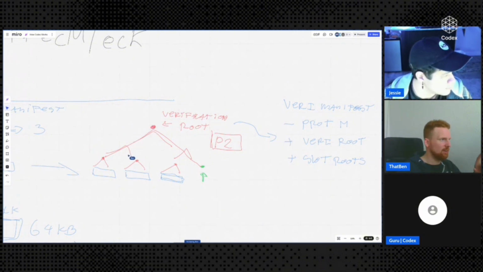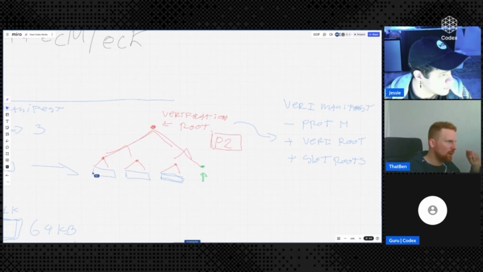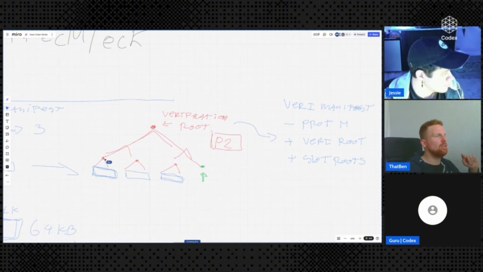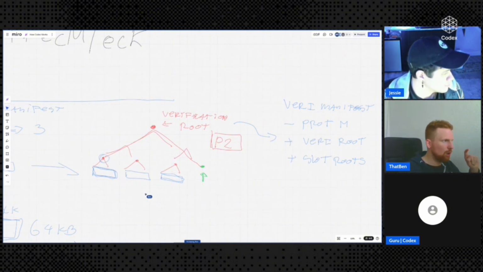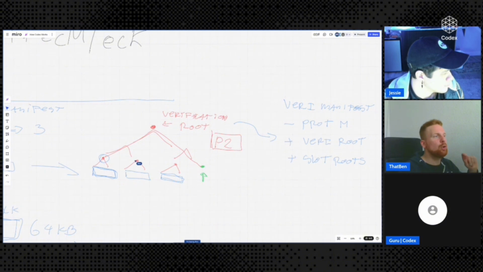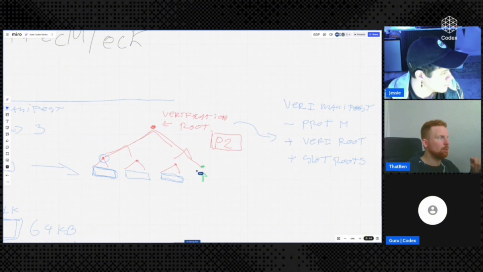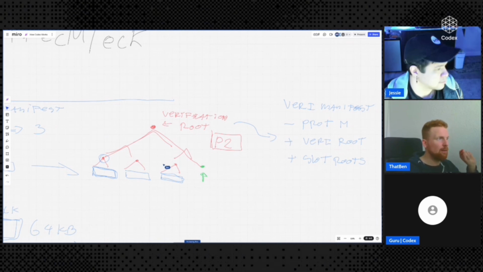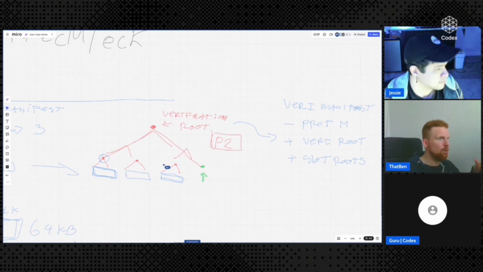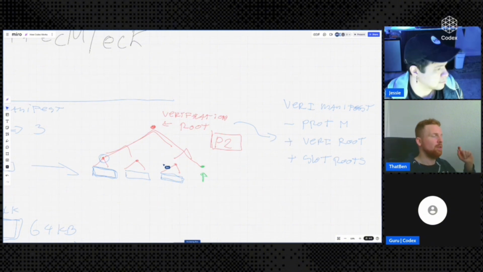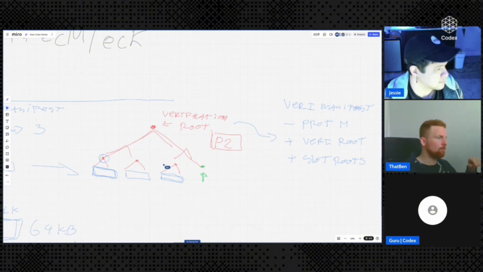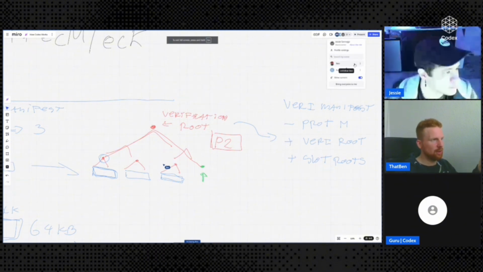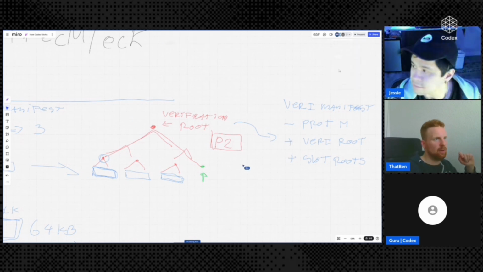When you are a host, you are storing just one of these slots, which means you could conceivably reproduce the root of your own slot, but you could not reproduce all the slot roots unless you download the entire data set, which you're not paid to do. You're paid to have only the slot. So you need those other roots to generate the proofs, and you don't need to download all the other slots to get them. So they have to be in the verifiable manifest.